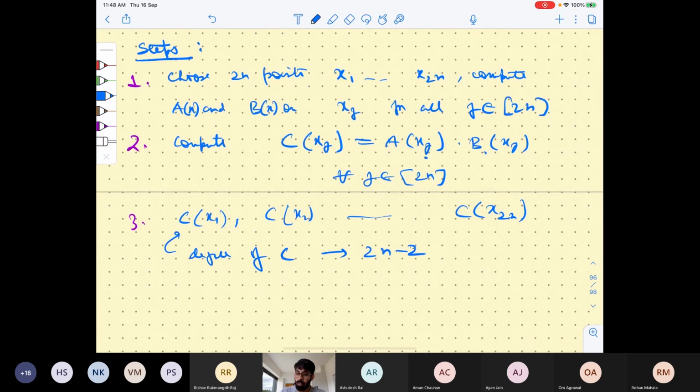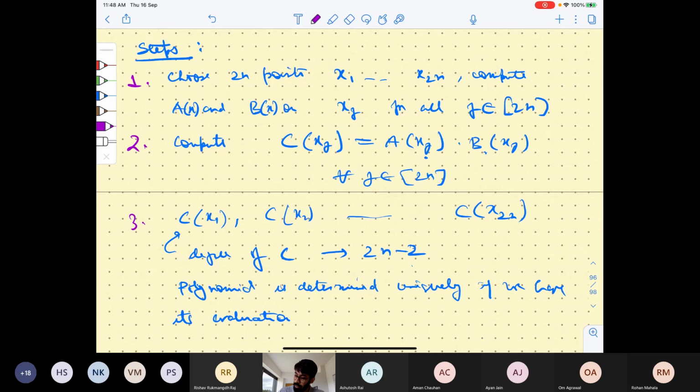So now, if you are given the value of C on these 2n many points and the degree of C is 2n minus 2, you know that a polynomial is determined uniquely if we have its evaluation, so polynomial of degree d, let's say, on d plus 1 points.